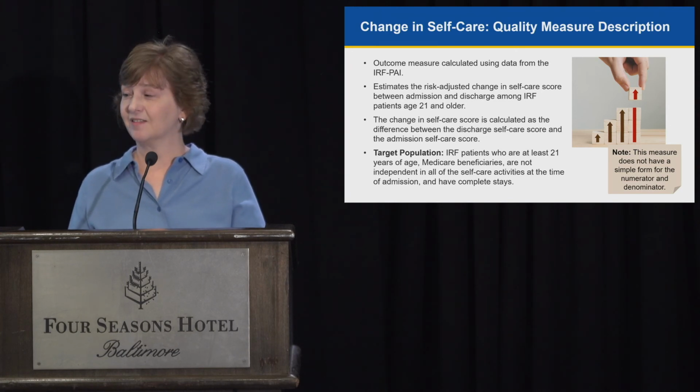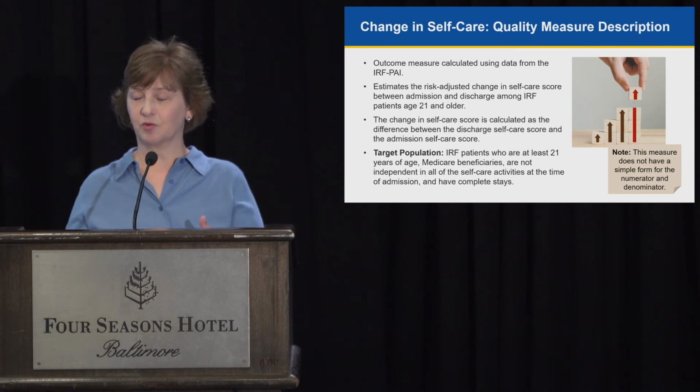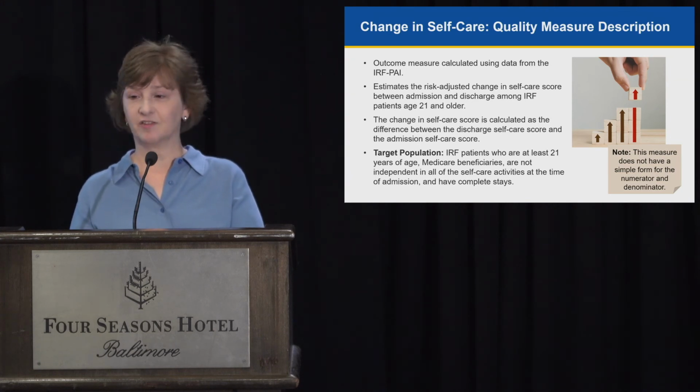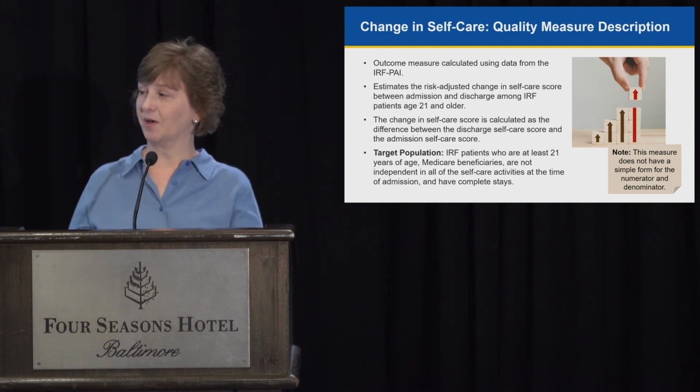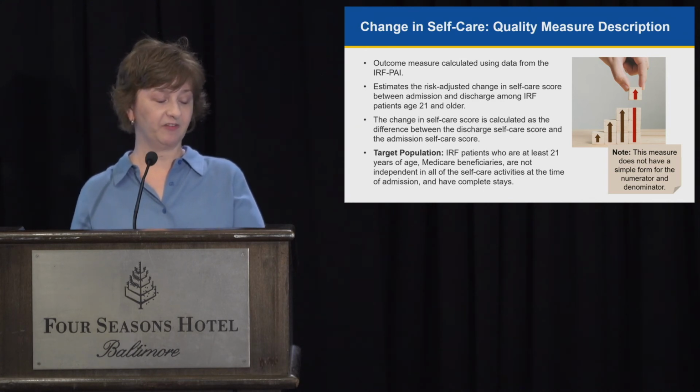In this case, the target population, the individuals who are included in the measure, are IRF patients who are at least 21 years of age, Medicare beneficiaries, because as you know, you're submitting Medicare Part A and Medicare Advantage data to CMS, so all the Medicare beneficiaries are included.